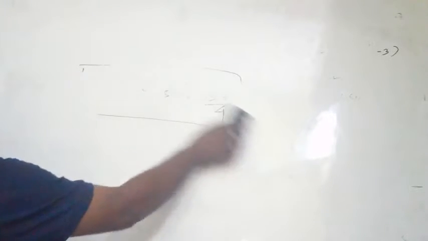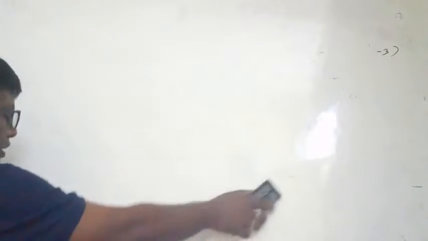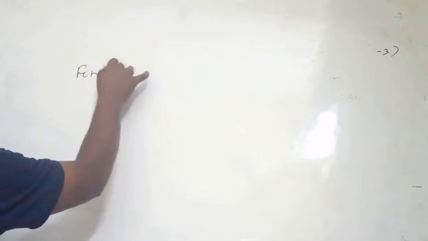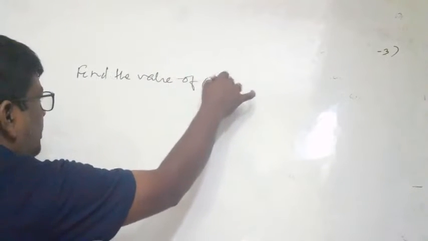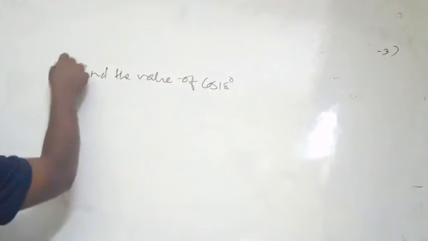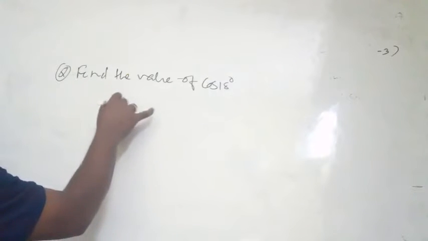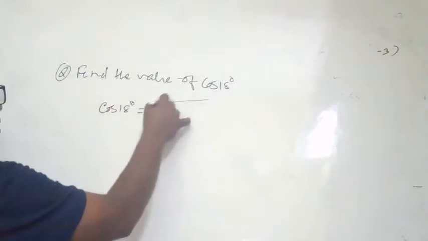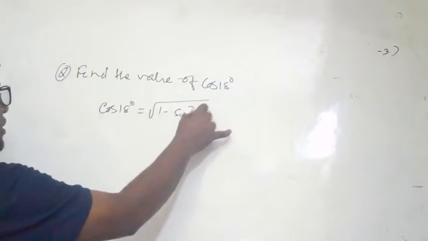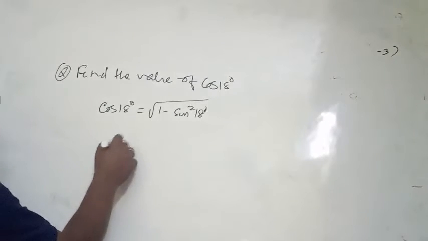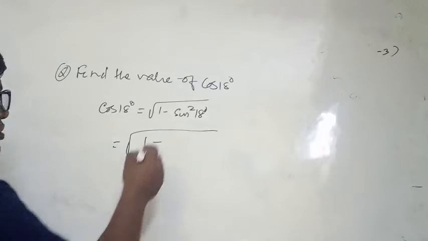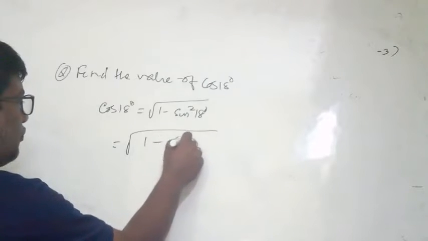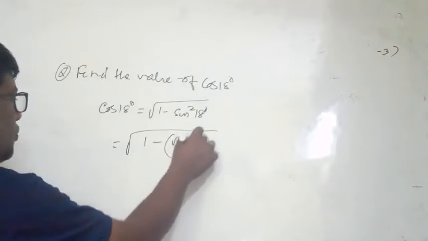Again, find the value of cos 18 degree. Okay, this is the question. Cos 18 degree is equal to root over 1 minus sin square 18 degree. So as you know, 1 minus sin square 18, sin 18 means root 5 minus 1 by 4 whole square.